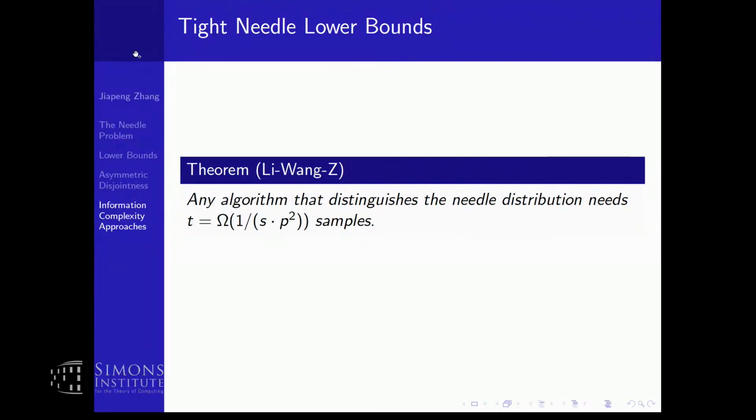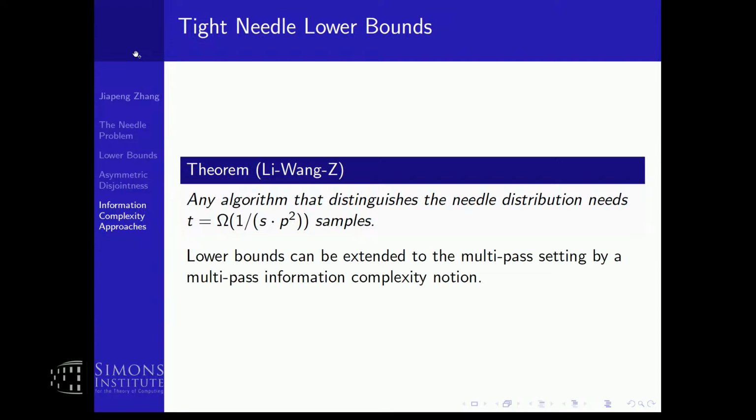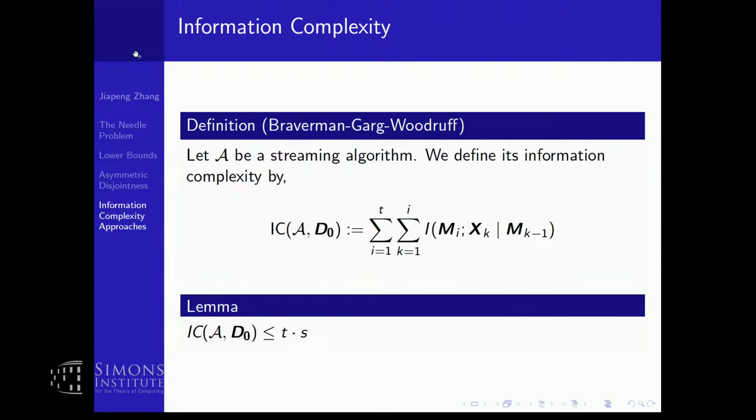So basically, by using this idea, we prove this is the tight bound: T is equal to 1 divided by S times P squared. And this can also be extended to the multipath setting, by using a new notion of multipath information complexity. This notion was originally designed only for one path, but in order to extend to multipath, we must carefully design and generalize a new version of this information complexity.